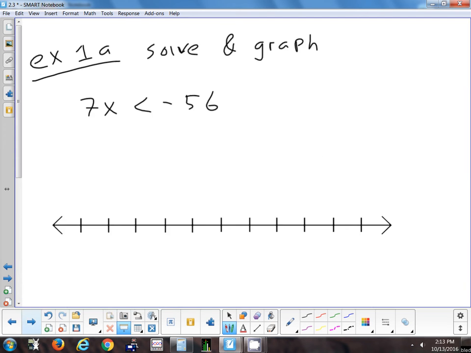Okay, anybody else need to copy that down? Okay, so let's try example 1a. Directions say solve and graph. 7x is less than negative 56. So if it helps, try to think of those steps that we used when we solve equations.